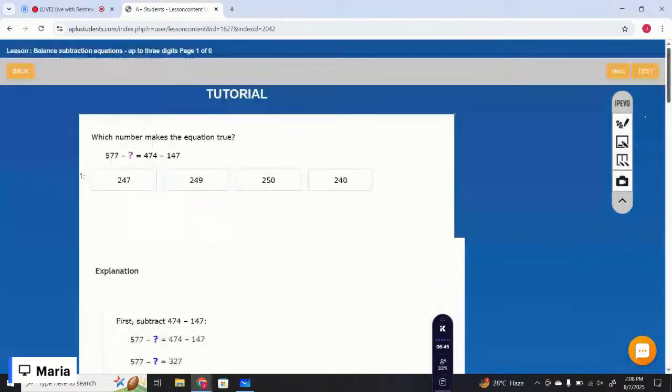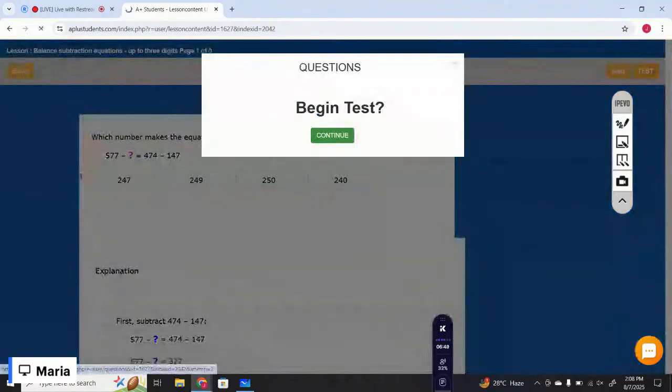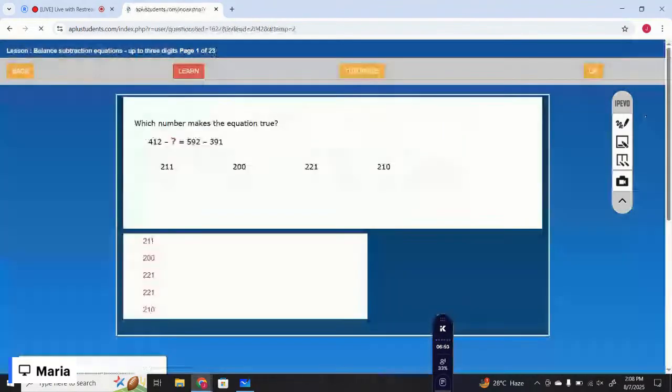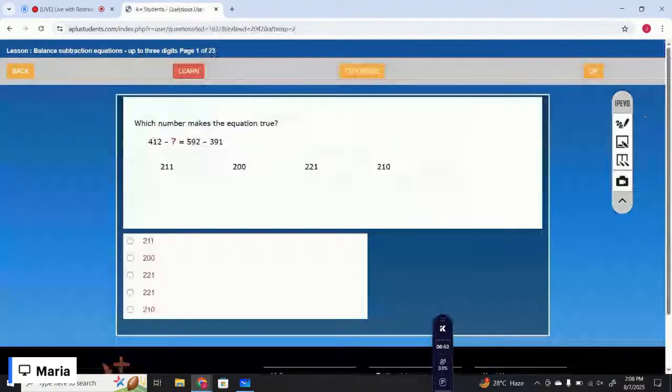Let's just start with the test questions. Which number makes the equation true? So solve, subtract this side where you are given both the numbers, right?